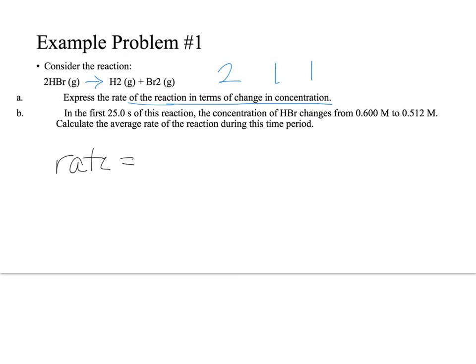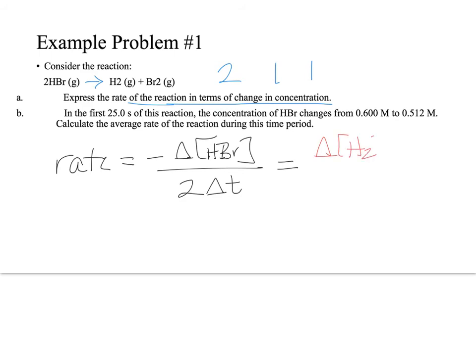Rate is equal to negative change in hydrogen bromide concentration over 2 times the change in time. Or rate is equal to the change in hydrogen concentration over the change in time. Or the change in bromine concentration over the change in time. All right, so I could use any one of those to solve problems.